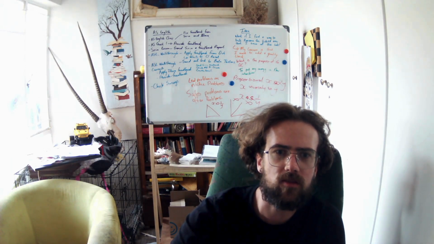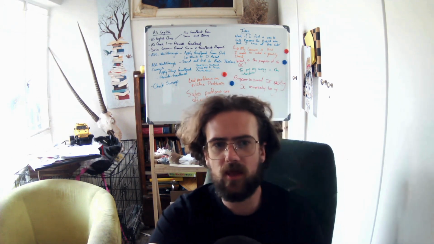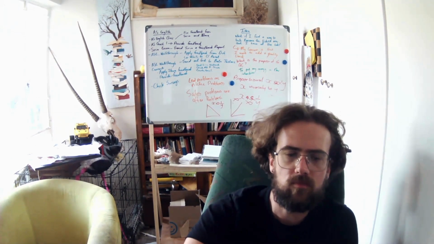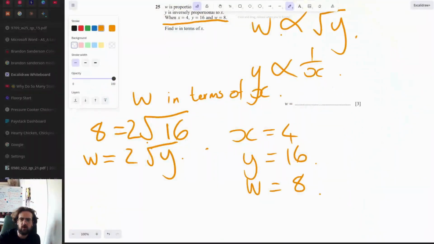Is that okay? I can't see the screen. Oh, there, is that okay? Is that much better, darling? Thank you. Okay. The w is 2 square root. Let's give that a go.